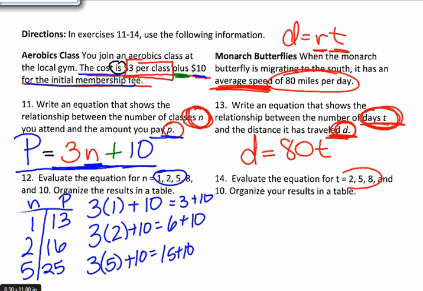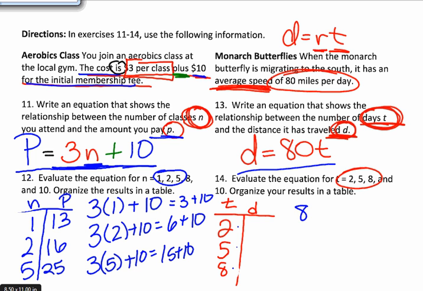Let's just do the first three to show you what we're looking for. We're going to use our T-chart, with T and D. We're going to use 2, 5, and 8 for our T values. We take out the T in our equation and put in each of these numbers.